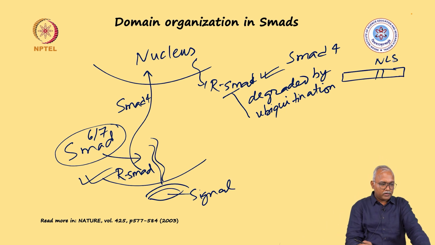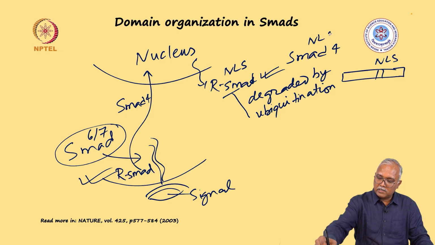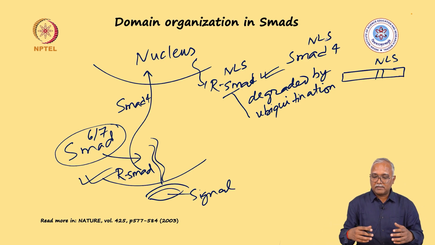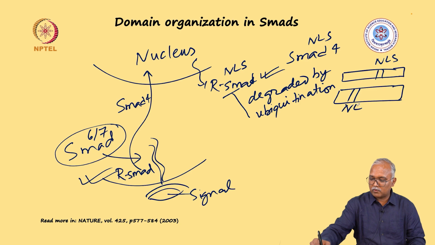So SMAD4 you would expect to have a nuclear localization signal, and for things to come out of the nucleus you will need a nuclear export signal to be present. So R-SMAD also has the NLS, the SMAD4 also has the NLS. Together when they come in a complex, they make a much stronger entity which directs them inside the nucleus, and eventually with the help of another signal which is called NES, nuclear export signal.